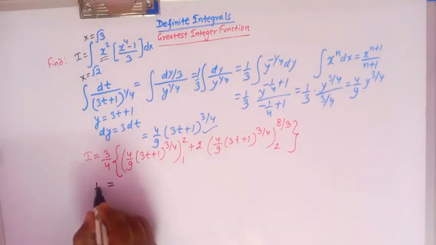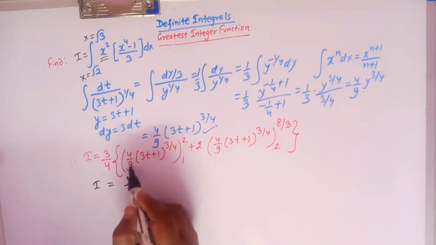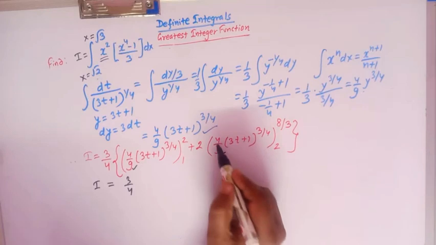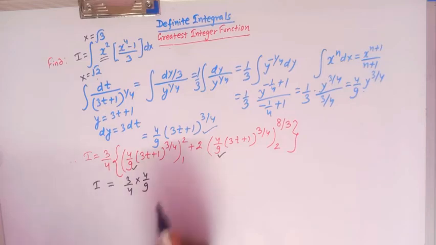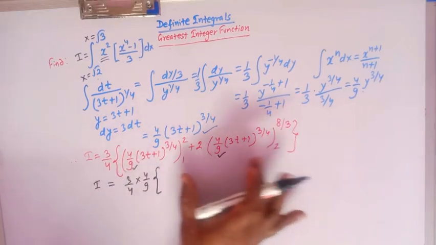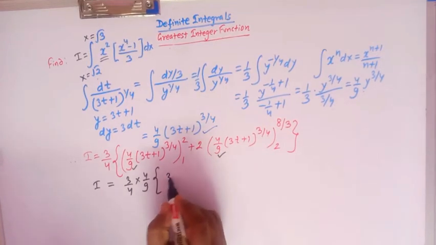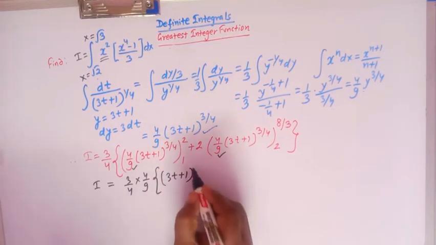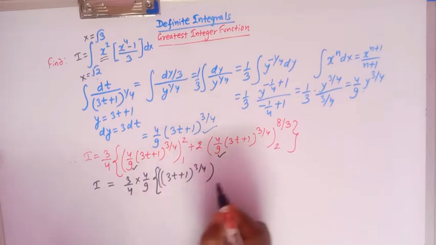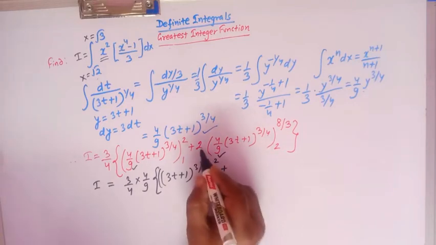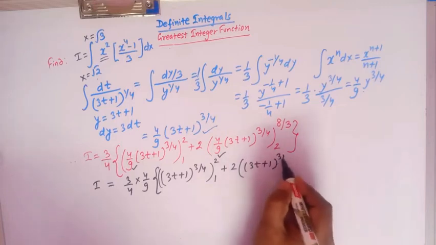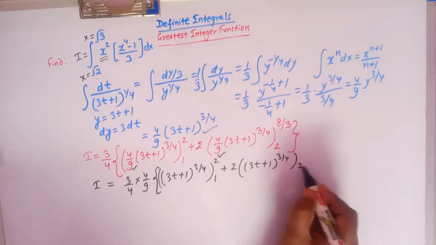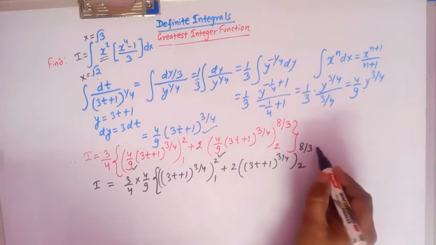So now we can simplify it as 3 over 4. Now taking this factor 4 over 9 and 4 over 9 outside the integral, we have 4 over 9, and inside the brackets we have (3t plus 1) raised to 3 by 4, and the limits are from 1 to 2, and here we have 2 and (3t plus 1) raised to 3 over 4, and the limits are from 2 to 8 over 3, right?